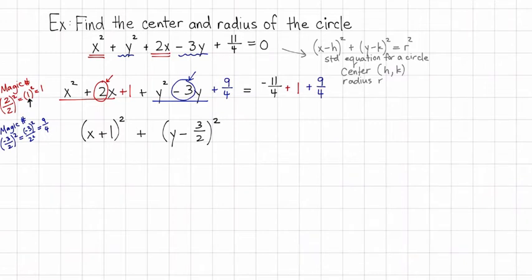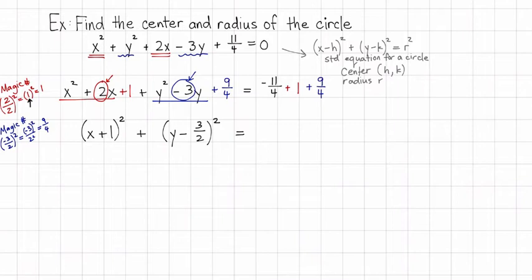If I think about adding minus 3 over 2 twice, that gives me minus 3, and minus 3 over 2 squared does give me the 9 over 4. So I'm just rewriting those as perfect squares. And then from there, I want to group together all of these numbers on the right-hand side. In order to add them together, we're probably going to want to write them all as over 4.